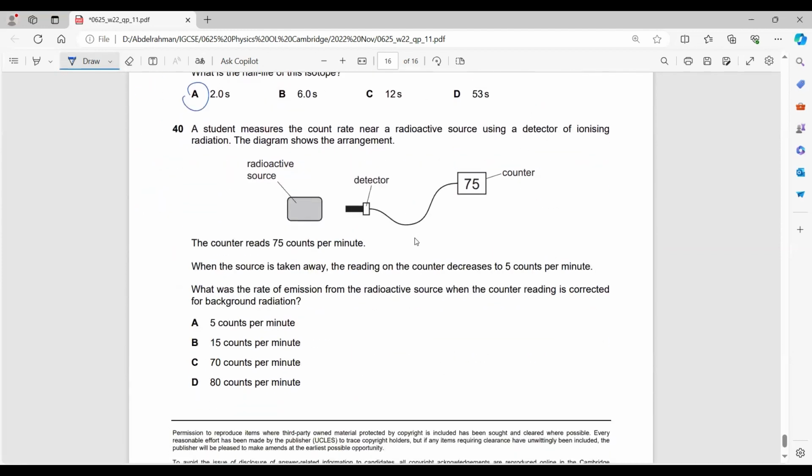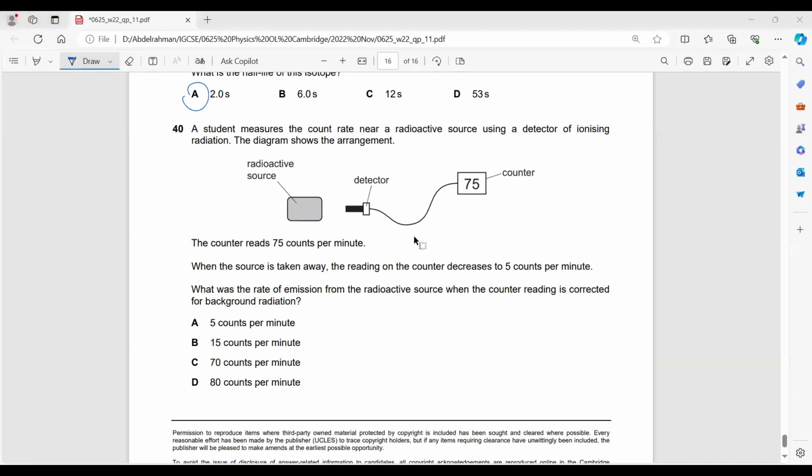A student measures the count rate near a radioactive source using the detector of ionizing radiation. The counter reads 75 counts per minute. When the source is taken away, the reading on the counter decreases to 5 counts per minute. What was the rate of emission from the radioactive source when the counter reading was corrected for background radiation?